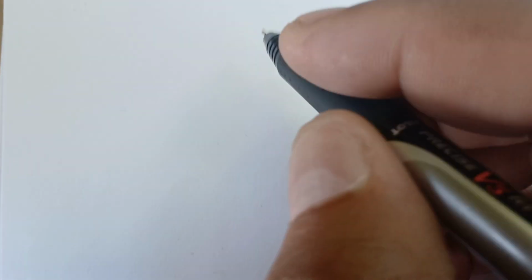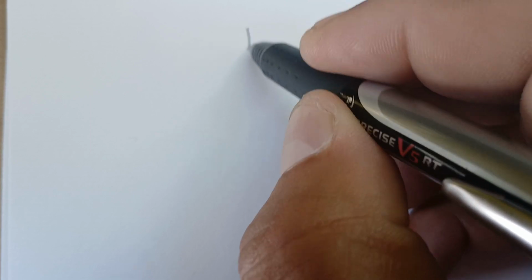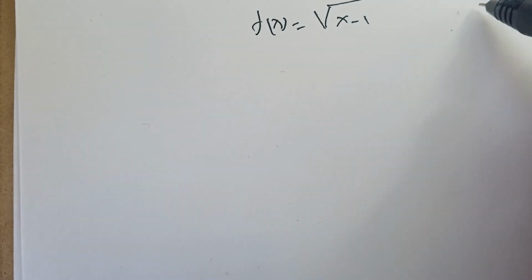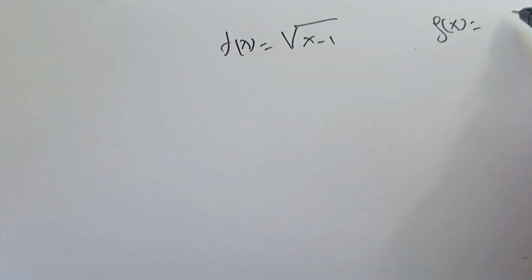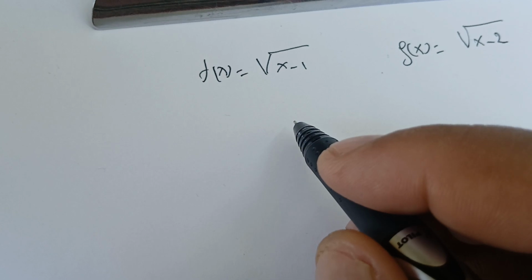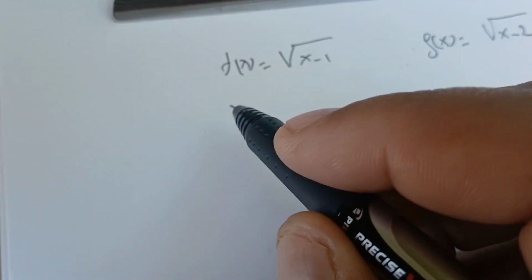Let's consider now the following two functions. f of x is the square root of x minus 1, and g of x is the square root of x minus 2. We know the domain for each one.